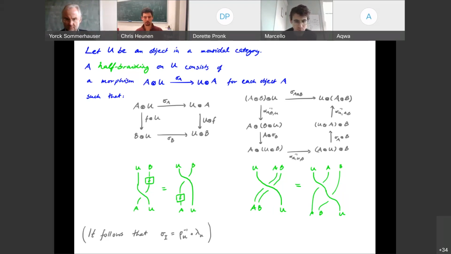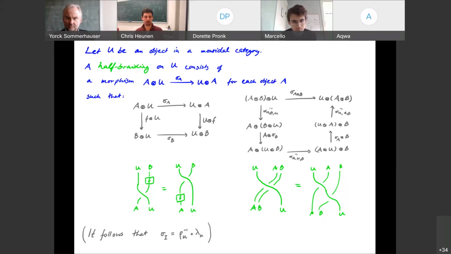If you have an arbitrary object U, you can swap that with the tensor unit by forgetting that there's an empty thing on the left and then inserting the empty thing on the right again. So that's this equation at the bottom, which is sometimes taken to be a part of the definition of half braiding, but in fact it follows from these requirements already. So that's the definition of a half braiding.